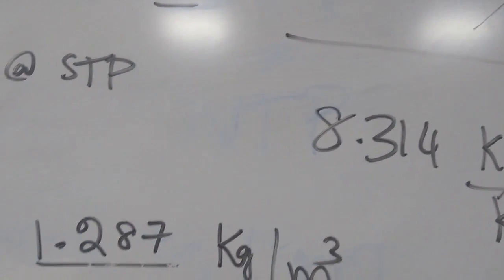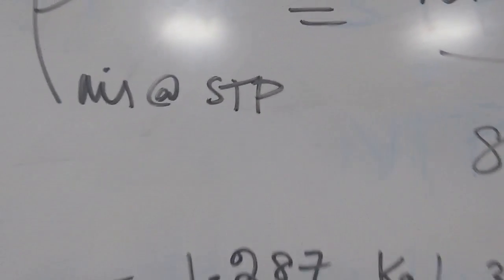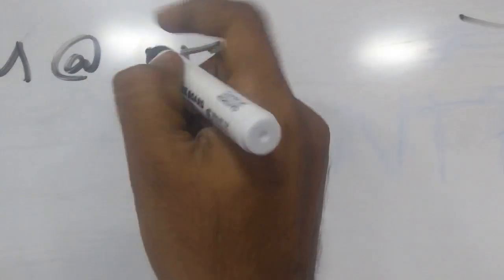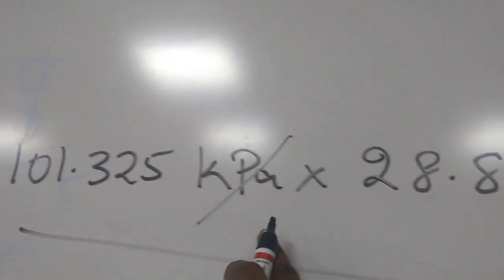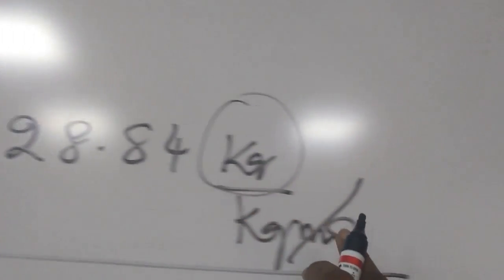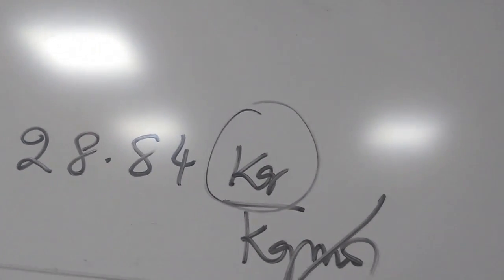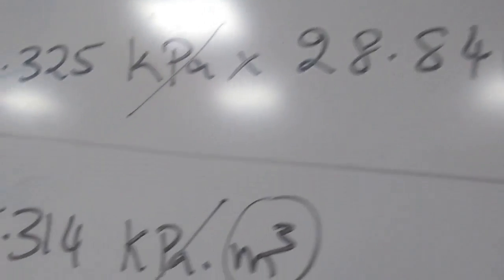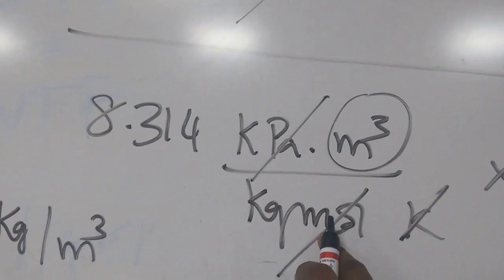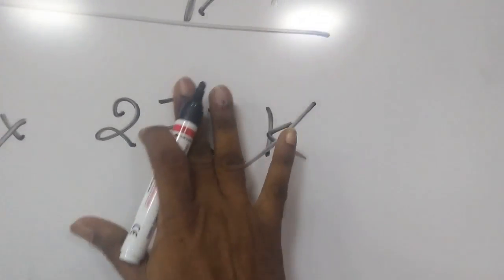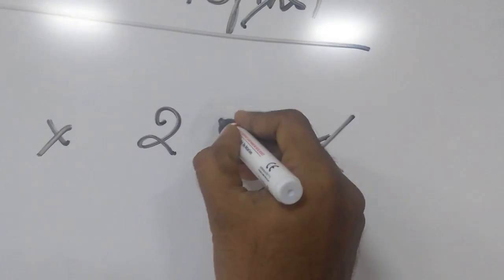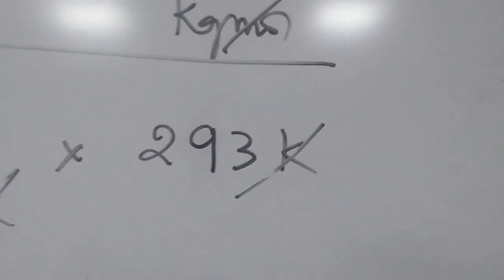Density of air at NTP: pressure is 101.325 kilopascal, average molecular weight is same, 28.84 kg per kg mole, R value is same, 8.314 kilopascal meter cube per kg mole Kelvin, into temperature, which will be 293 Kelvin.